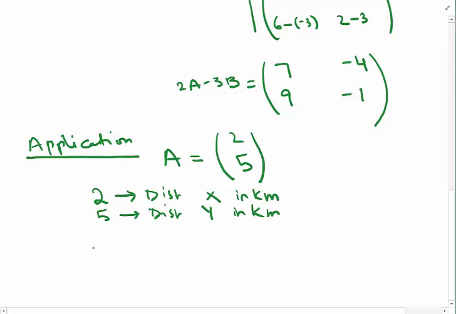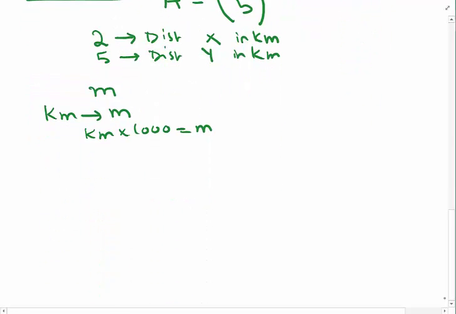Now we are asked to show both the numbers in meters. That means we need to convert kilometer into meters, right? Now here we know that in order to convert a kilometer into meter, we need to multiply the kilometer entry by 1000 in order to get the value in meters, right?